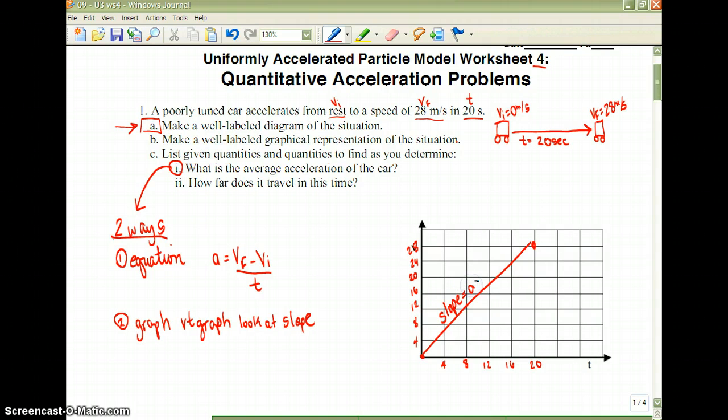The slope of your velocity time graph gives you acceleration.